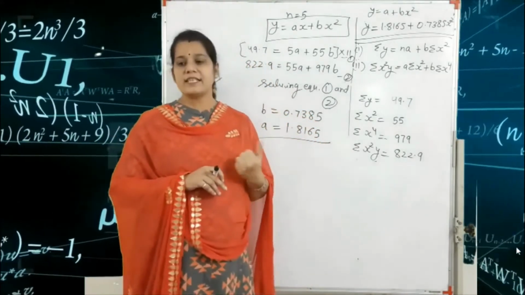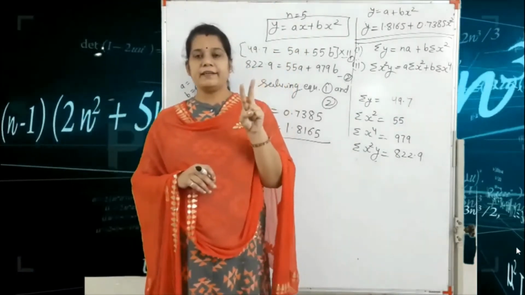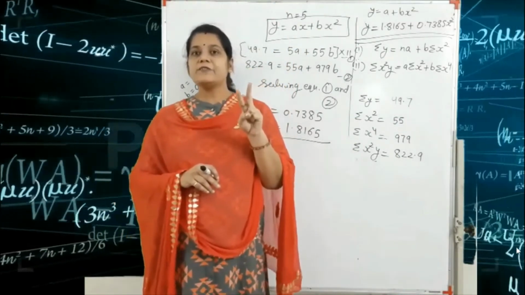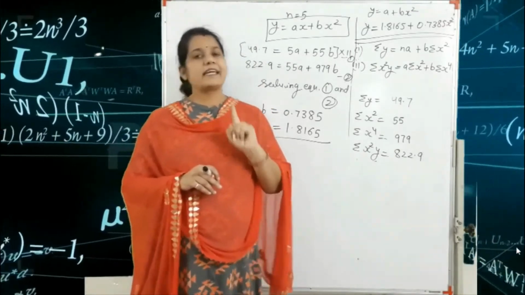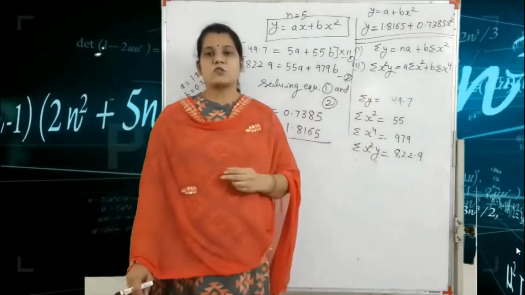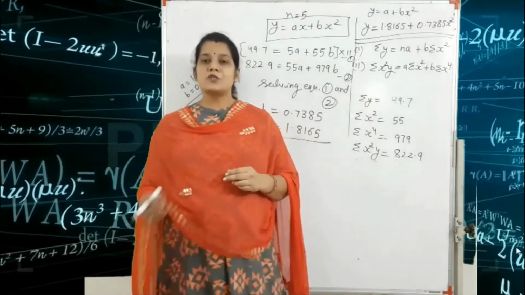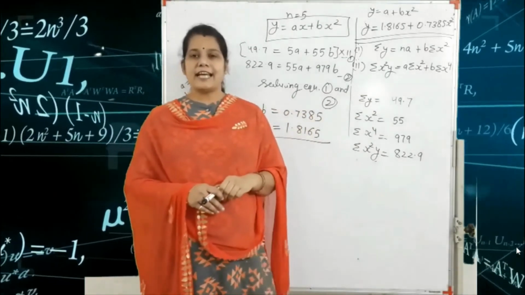So in this equation, we have again two constants a and b. That means we write again two normal equations, but our second equation is of the form summation x square y. Okay, so I will continue this topic in our next lecture.